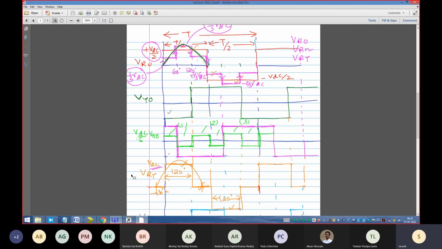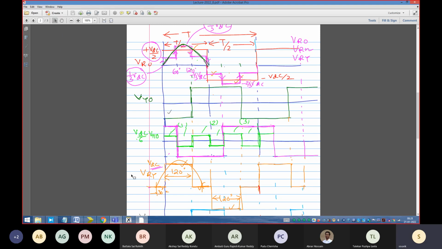You can see that I have drawn the equivalent sine wave half part, and then the integration is happening. The waveform can be interpreted as follows: from 0 degree to 30 degree its value is 0.